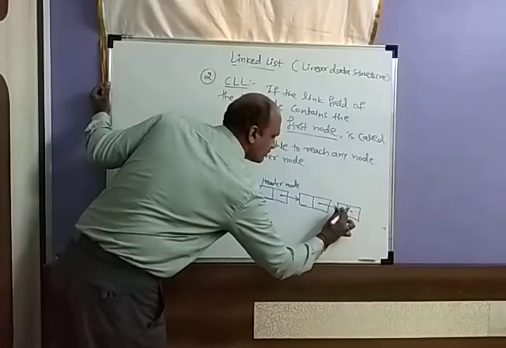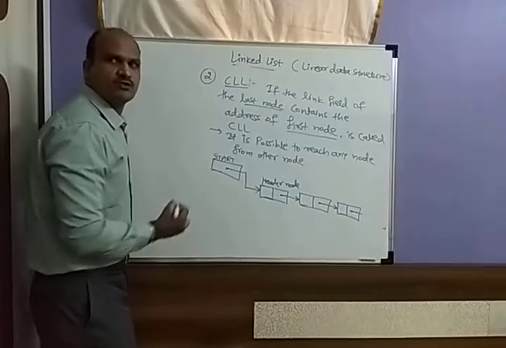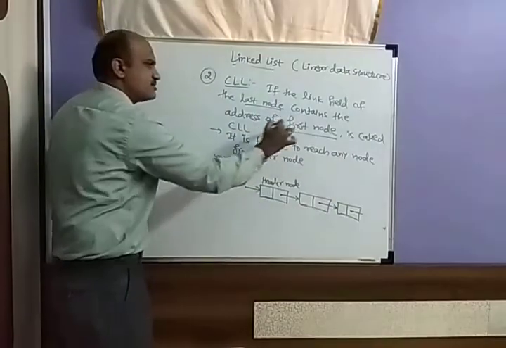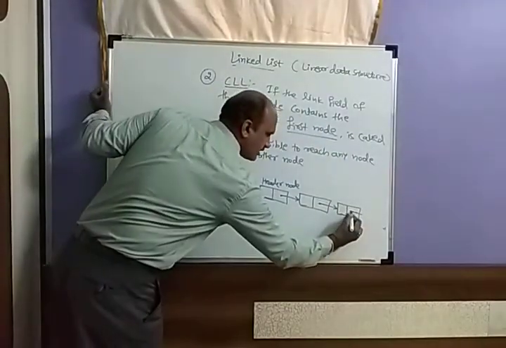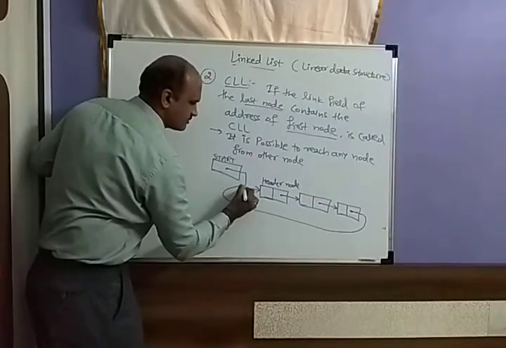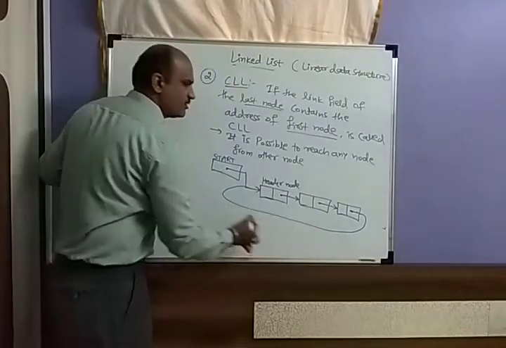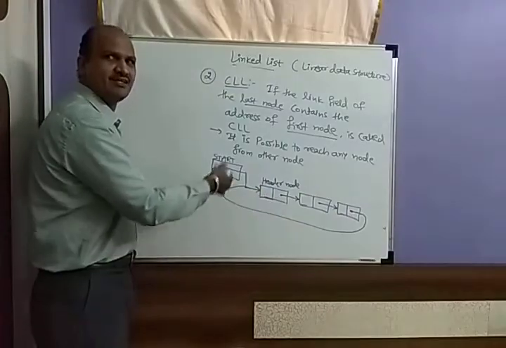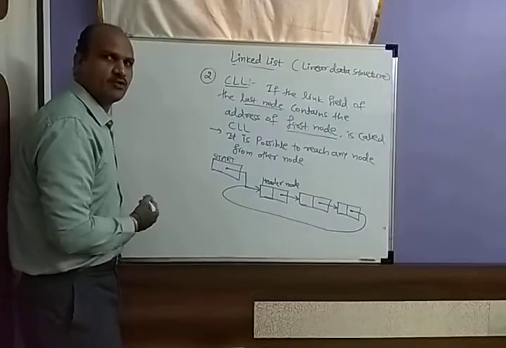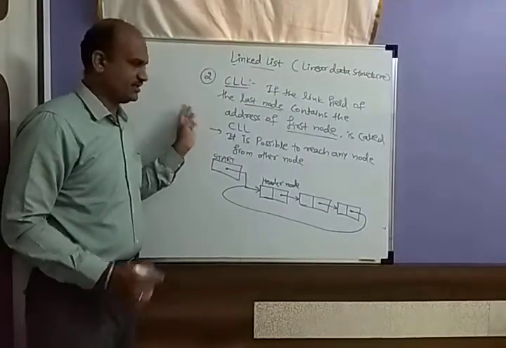As I told you, the link field of the last node contains the address of the first node, which means it will be circular. This is the first node. Again it will be connected in a circular way, each node one by one. That's why it is called CLL, that is circular linked list.